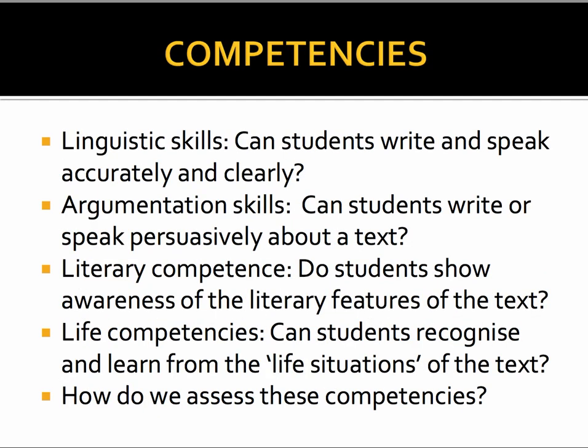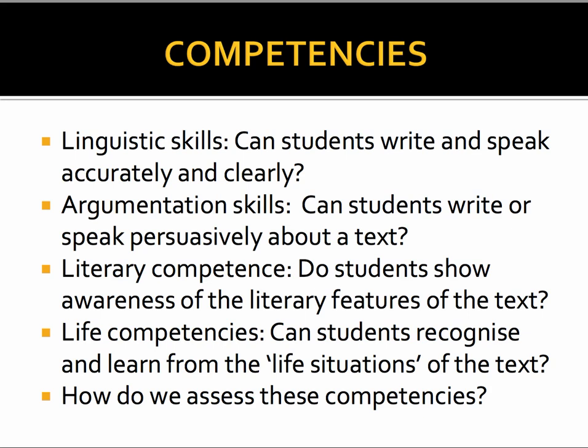And we're also aiming for skills, and another word associated with skills is competencies. In other words, what can the students do at the end of a literature course? Can they write and speak clearly? Can they write and speak persuasively about a text? Are they aware of the literary features of the text?